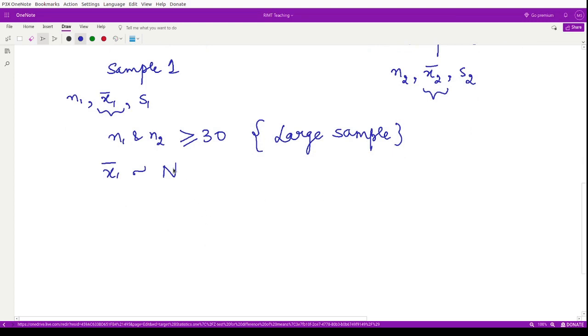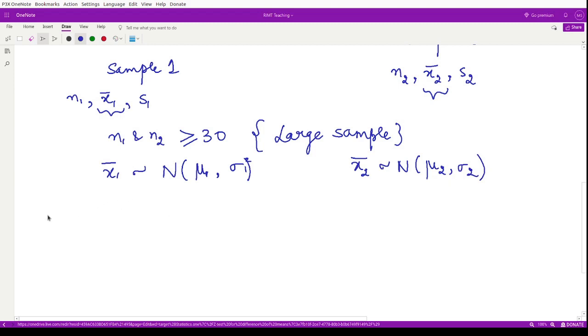So x1 bar would follow the normal distribution with the mean mu1 and standard deviation sigma 1 of the first population, and x2 bar would follow the normal distribution with the mean mu2 and standard deviation sigma 2 for the second population.